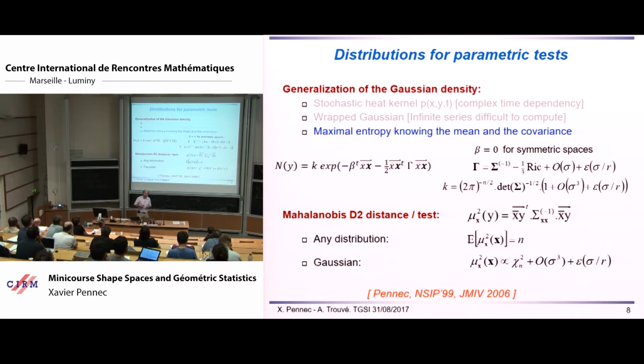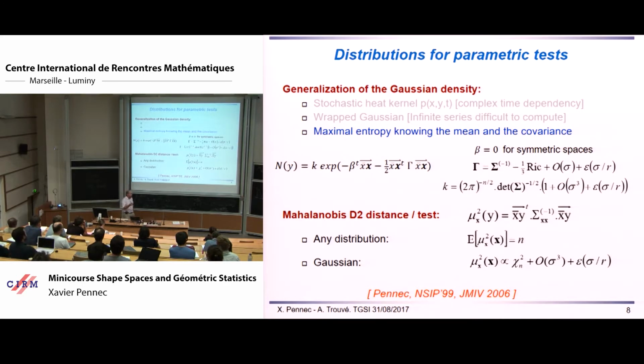Another definition, which is, I believe, a bit more interesting, is the maximal entropy knowing the mean and the covariance matrix. That's what Frédéric Barbaresco presented. We can show that it always has this form in the tangent space, in the normal coordinate system at the mean.